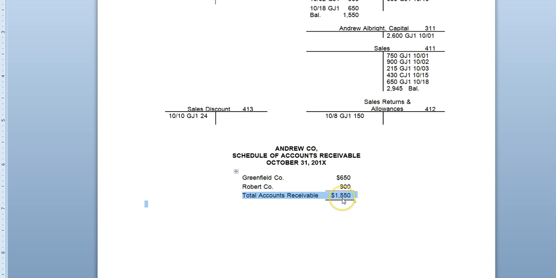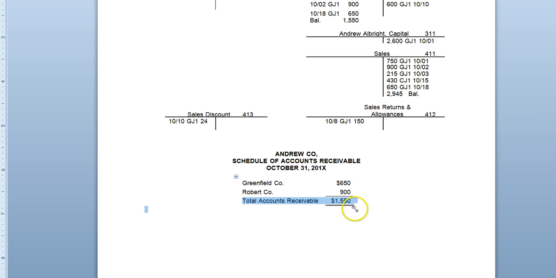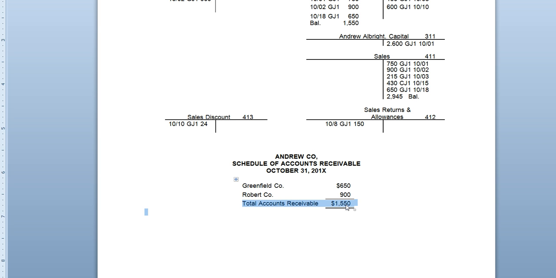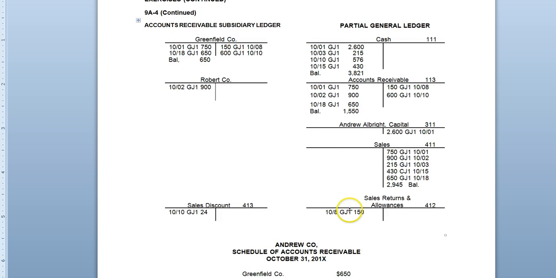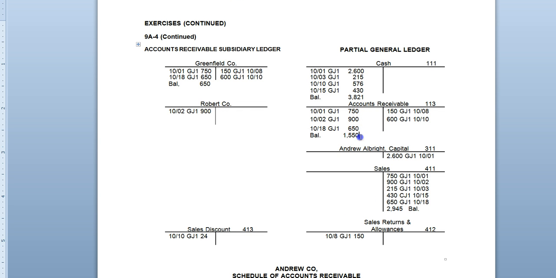One of the tasks, and this is also the case with accounts payable, is that at the end of the month, when we do our trial balance, we want to do what they sometimes call a proof or a schedule of accounts receivable, to make sure that the sum of the accounts in the subsidiary ledger agrees with the balance of the accounts receivable account, which is going to show up on your balance sheet.